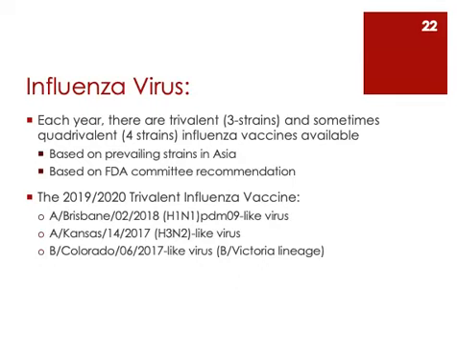So take a look at the 2019-2020 trivalent influenza vaccine. Look at the three viruses, the three strains of influenza that went into that vaccine. This is what I mean when I say the naming of influenza viruses is very complex. The first strain was A/Brisbane/02/2018 H1N1 pdm09-like virus.